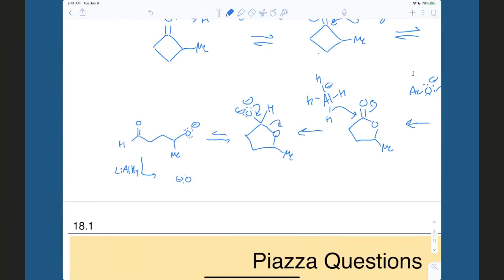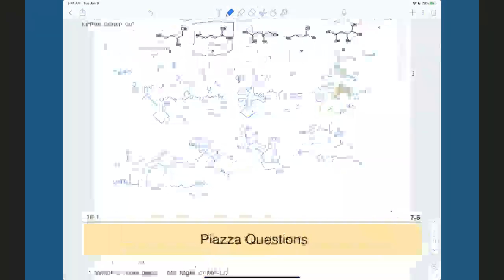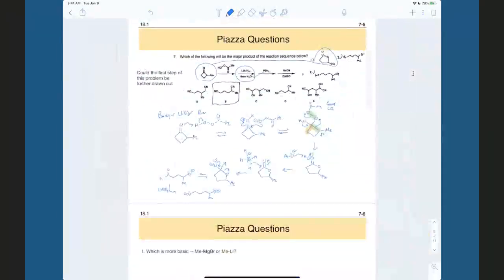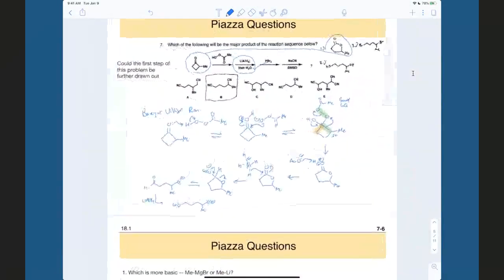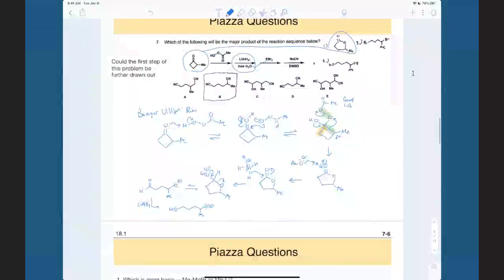And we're going to end up making the bis alkoxide afterwards. And from there, it gets worked up to the alcohol. That gives us this alcohol. PBr3 turns it into the bisbromide, and the sodium cyanide will do a double SN2 reaction.